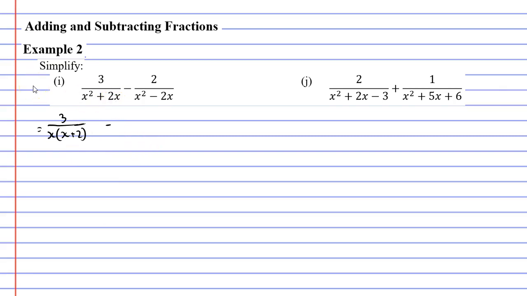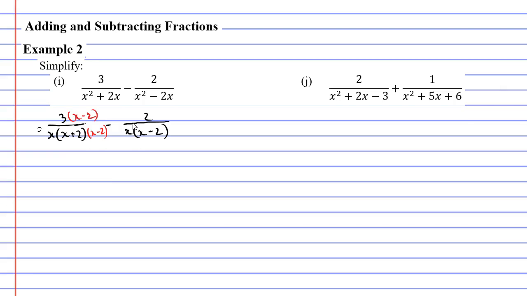So now looking at my second fraction, it has 2 as its numerator. I'm going to factor out x again for my denominator. And then x times x will give me x squared. And then I need x times minus 2 to give me minus 2x. Now that I've factorized, I can see that I can multiply the left side by x minus 2, both the denominator and the numerator.